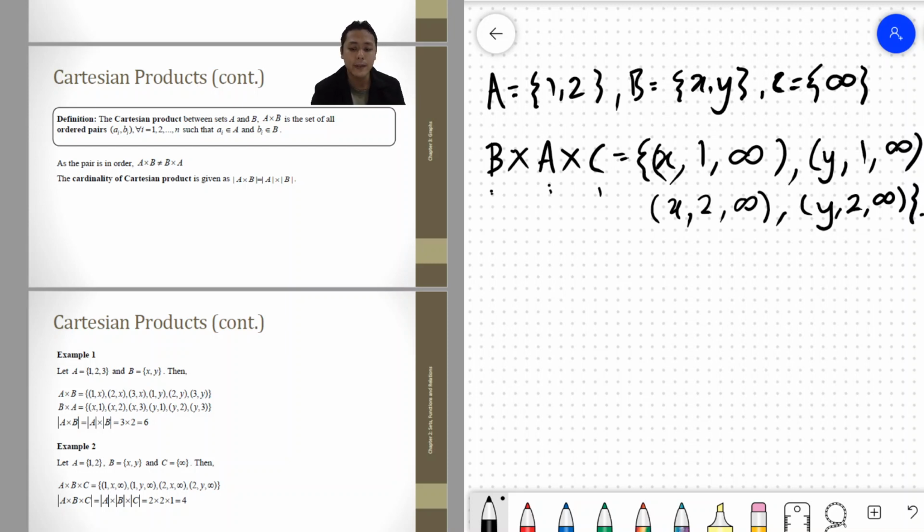As you can observe, the difference from the answer in the previous example is that you must ensure the first comes from B, the second from A, and the last from C. And please make sure that you don't have duplicate ordered triplets. If you check that, then you should be fine. That concludes the lecture on Cartesian product.